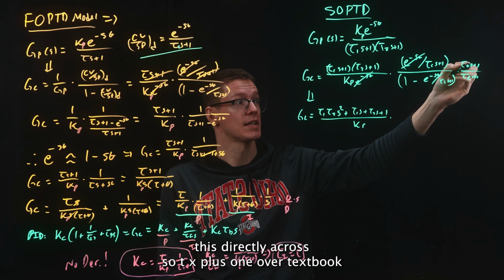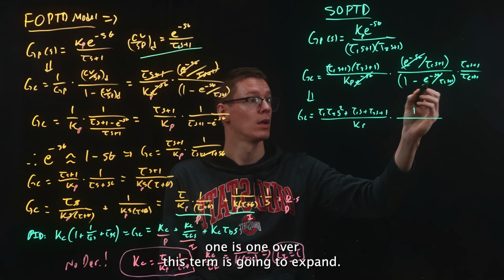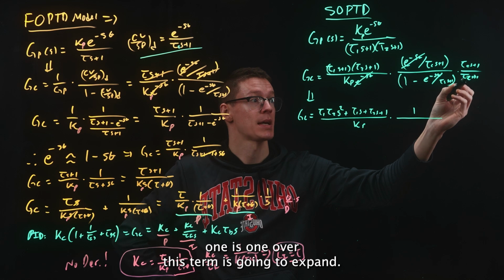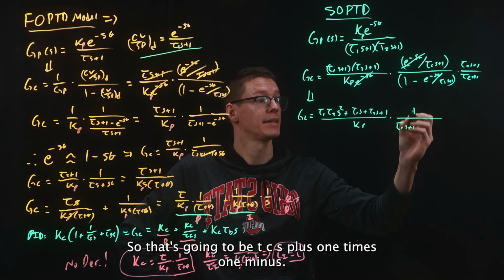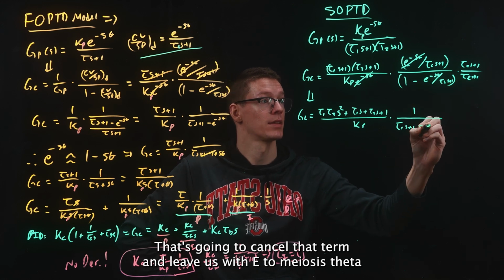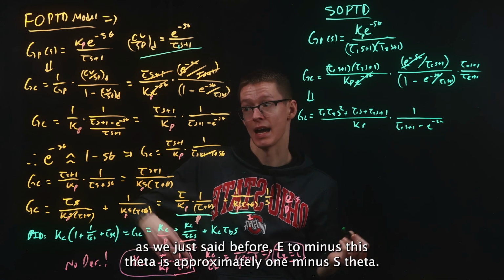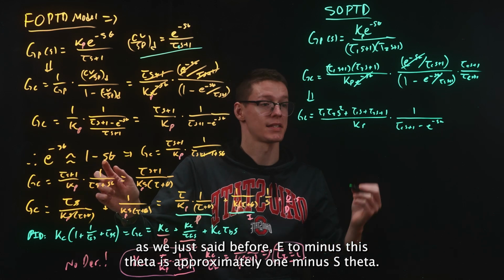So Tcs plus 1 over Tcs plus 1 is 1 over. This term is going to expand. So that's going to be Tcs plus 1 times 1 minus, that's going to cancel that term and leave us with e to the minus s theta. As we just said before, e to the minus s theta is approximately 1 minus s theta.